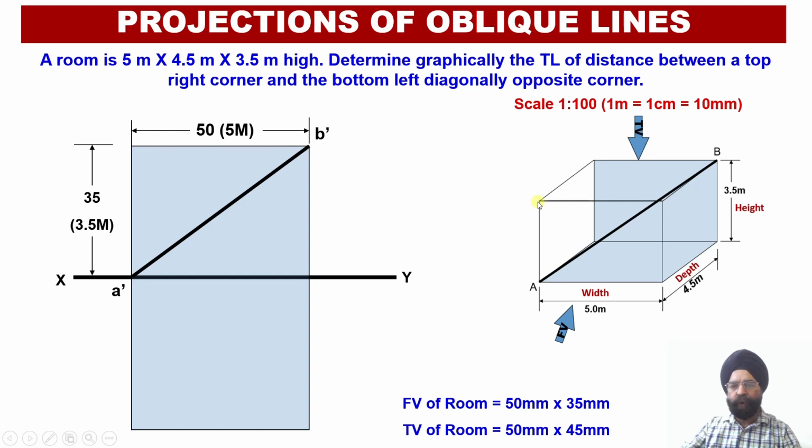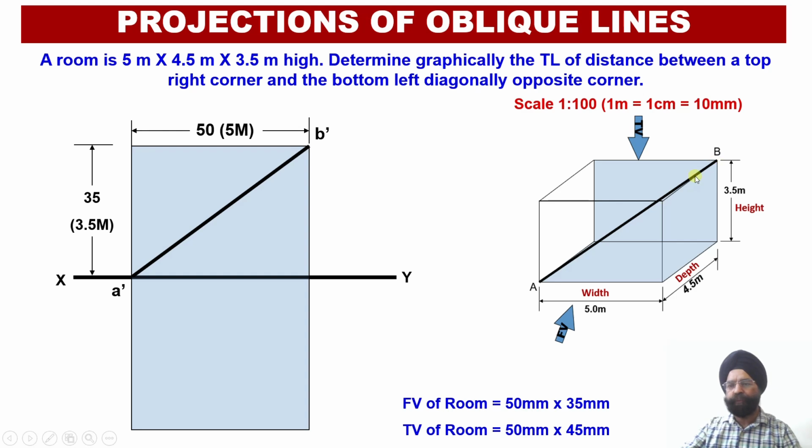Now let us start with the construction of the top view. So in the top view, we can see over here, again we are going to get the width of this room as 50 millimeter, that is equivalent to 5 meter at a scale of 1:100. Besides the width, we are also going to get the depth of this room, which is equal to 45 millimeter.